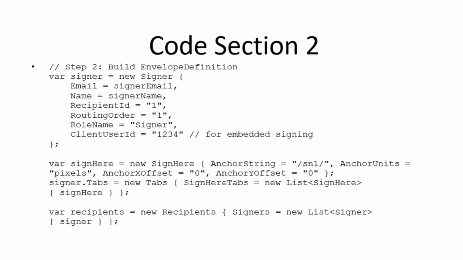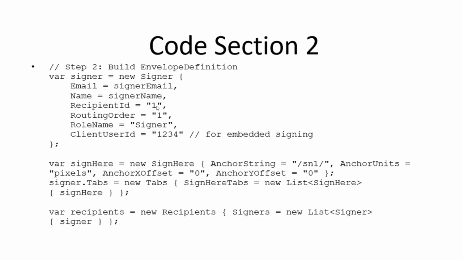This is section 2. Here we will build a signer, which will also be a recipient. In the signer you will create a new object. In email you will enter a signer email, a signer name, recipient ID, routing order, role name, and client user ID.